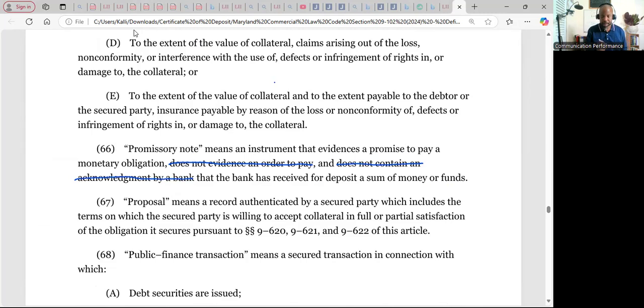Your promissory note is not going to contain an acknowledgement by the bank because you are issuing that. The bank is not issuing the note to you. You are issuing the note to the bank. So that's why their acknowledgement is not going to be in there. So that's just language to fool you, right? To trick you, get you confused, right? To confuse you.